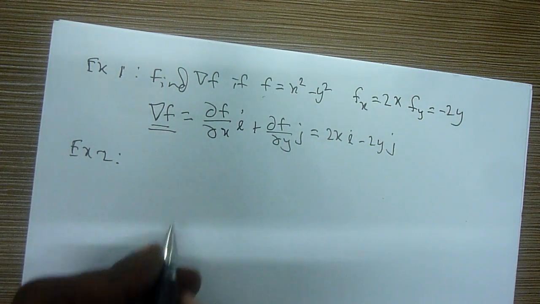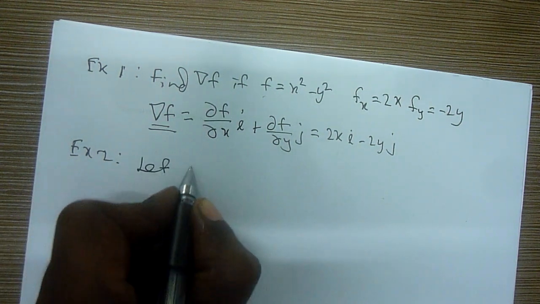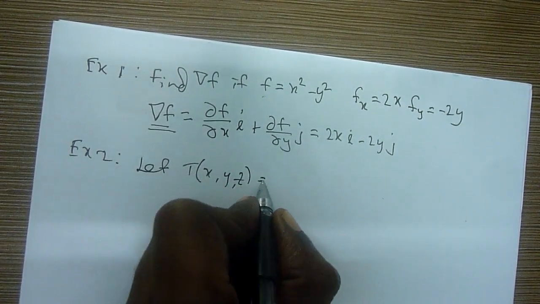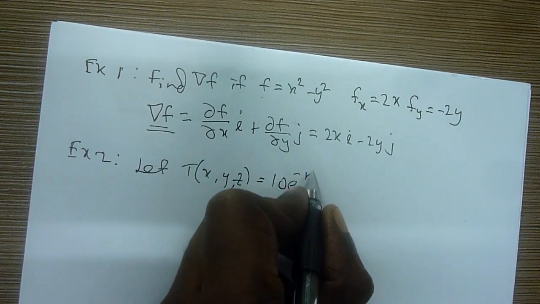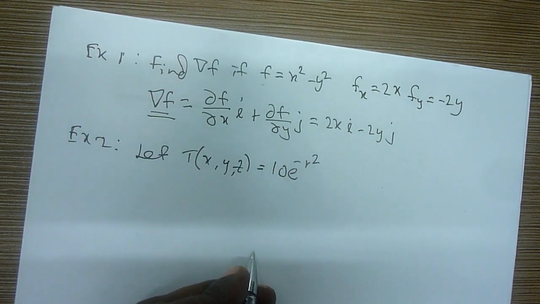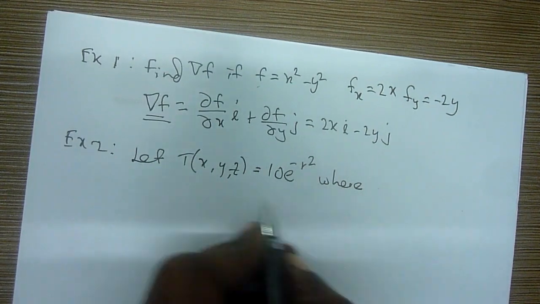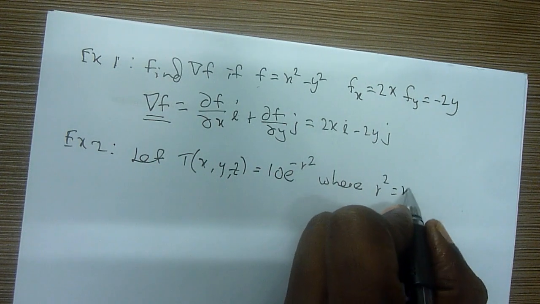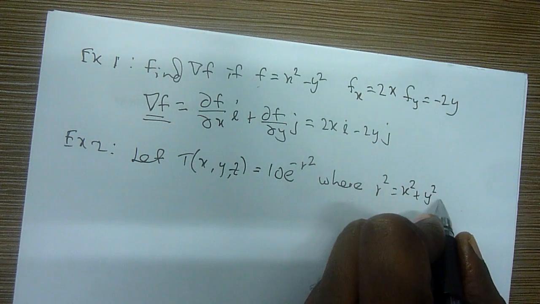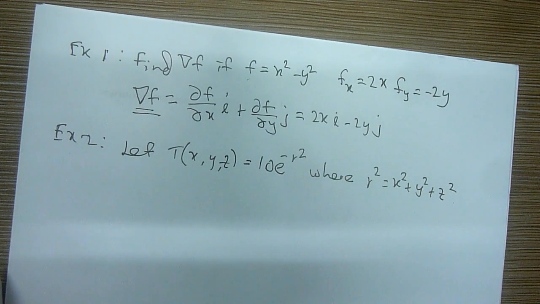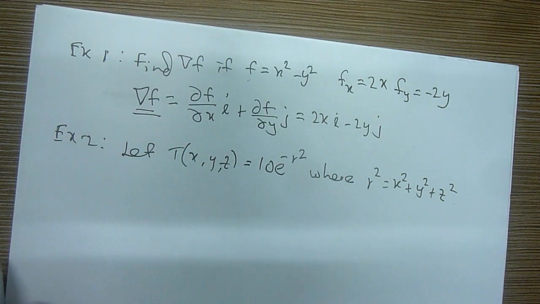Let T be a function of x, y, z equal to 10 e to the negative r squared, where r squared is x squared plus y squared plus z squared. Okay, this means I'll give you the scenario.